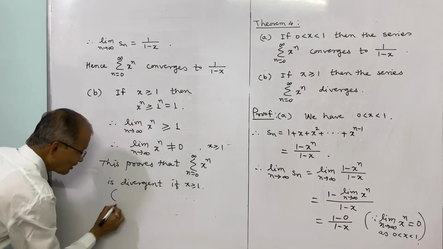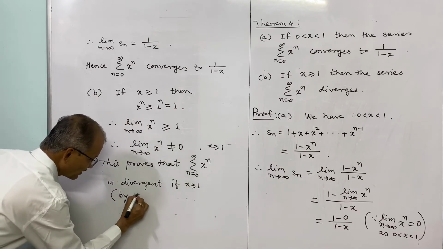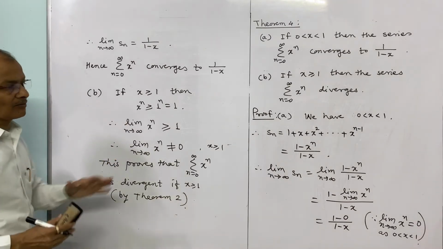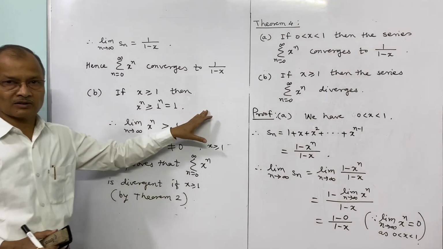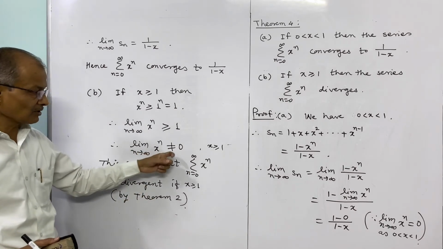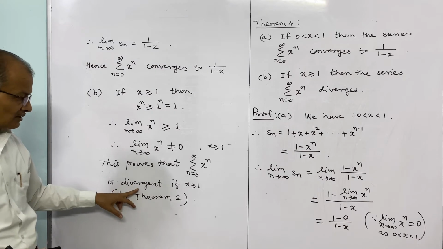This we have written by theorem number 2. You should refer to that theorem. What is theorem 2? If sigma an is convergent, then the limit of an is 0. And if the limit of the nth term is not 0, then the series is not convergent, or that means it is divergent.